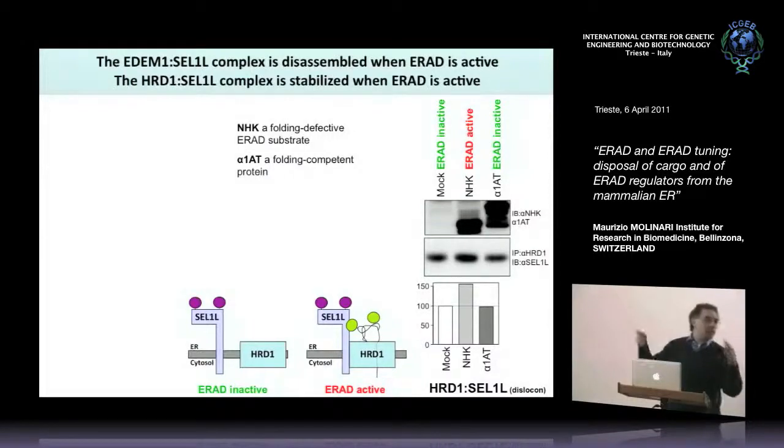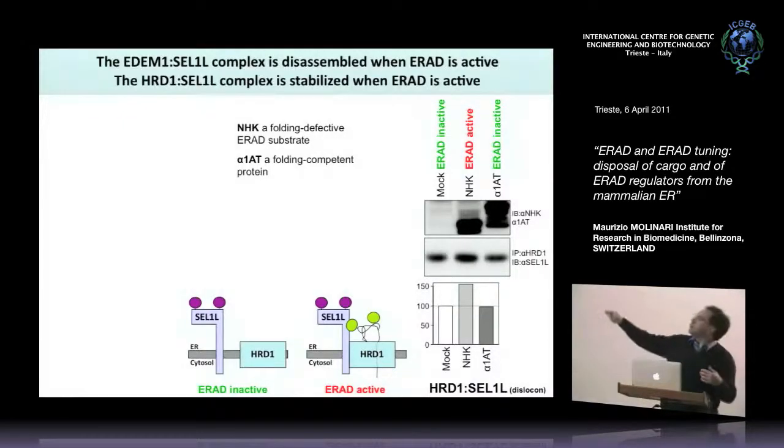Then we put in a misfolded protein. Under this condition, the degradation machinery is active because it has to degrade this misfolded protein. And what happens is that the content of this complex, which is active in degradation because it has to dislocate the proteins, increases in the cell.